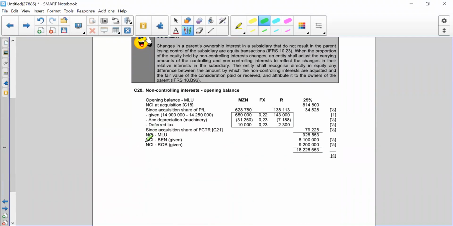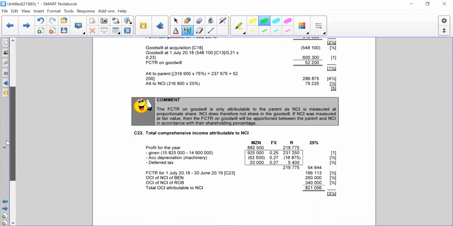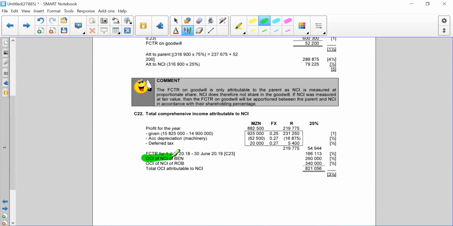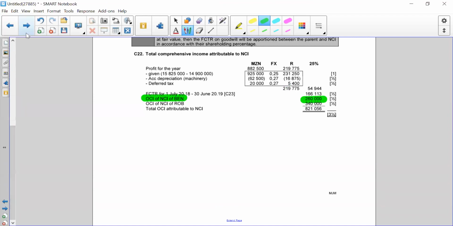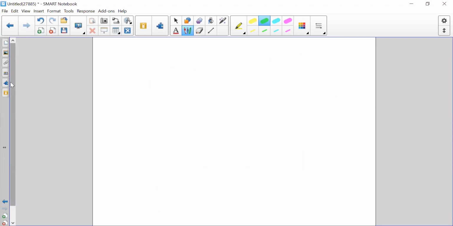Opening balance of NCI. We're just slotting in exactly what they've given us, the 8.1 million bucks. And then, of course, the P&L portion for Ben for the current year, total comprehensive income, OCI, NCR Ben, 260,000 Rand. Okay, so that's just pretty much that for Ben, not much else going on the statement of changes in equity for Ben.